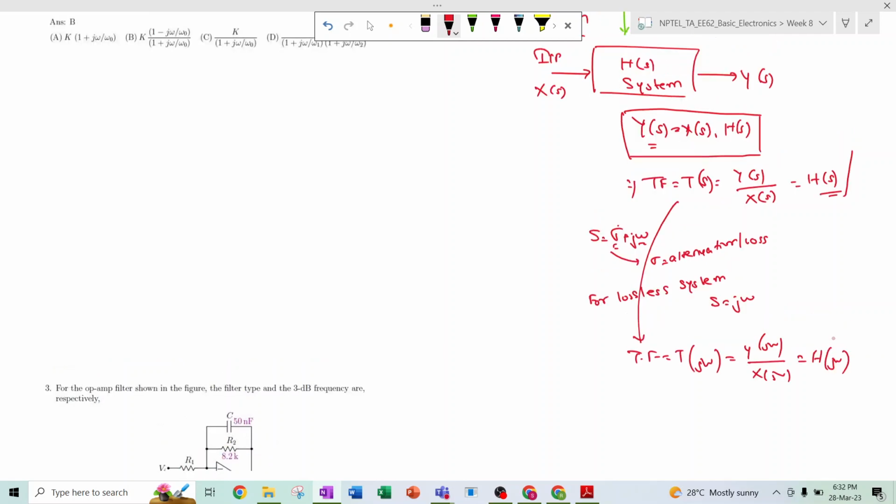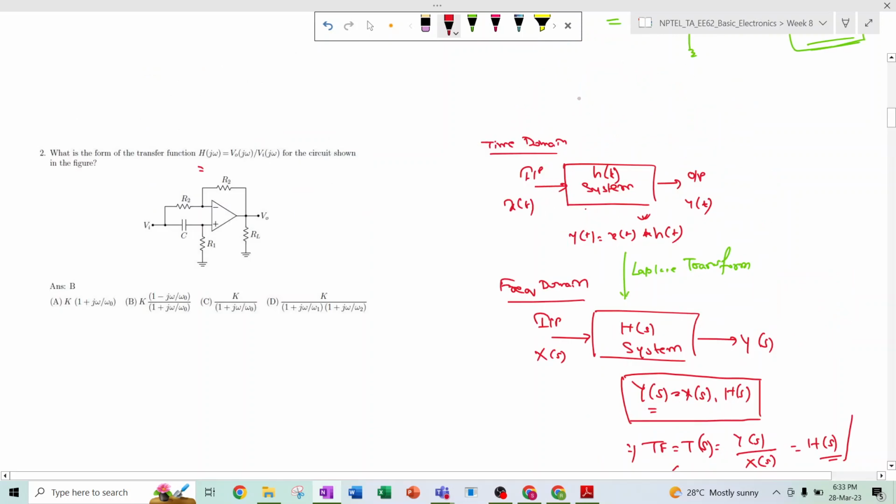In this question, it is asking for the transfer function of the circuit shown in the figure, so we should find out V_O(s) versus V_I(s).